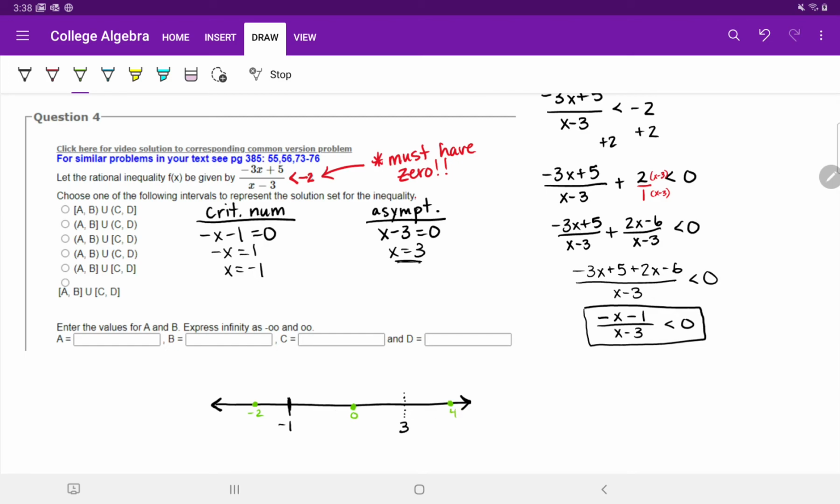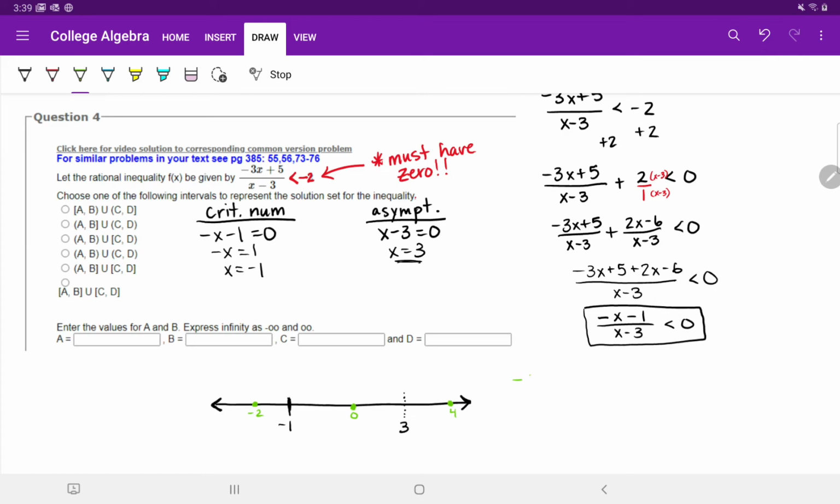We have to test each of these. Oh, I'm doing the wrong thing. Sorry.